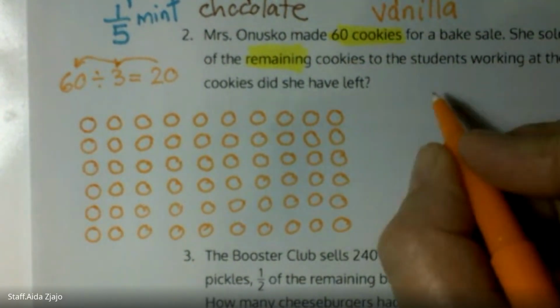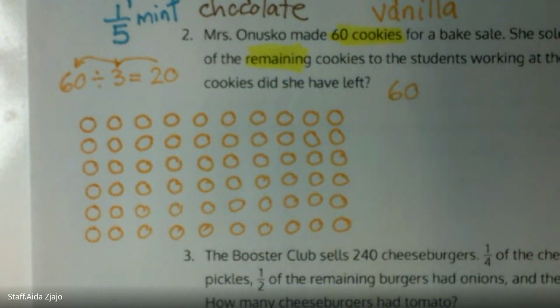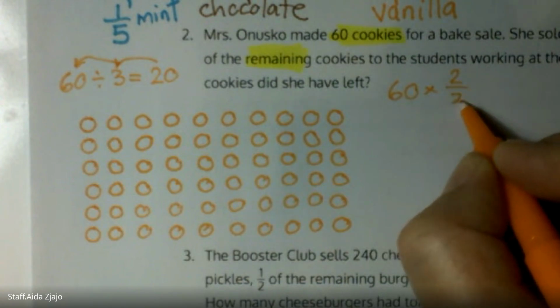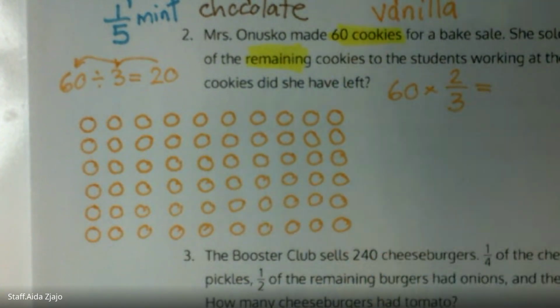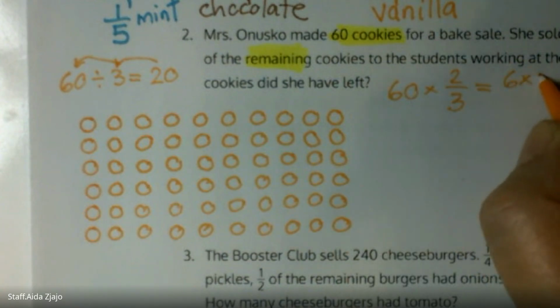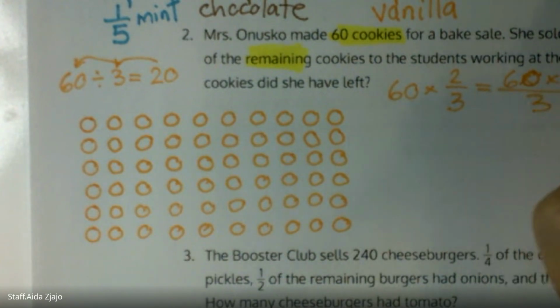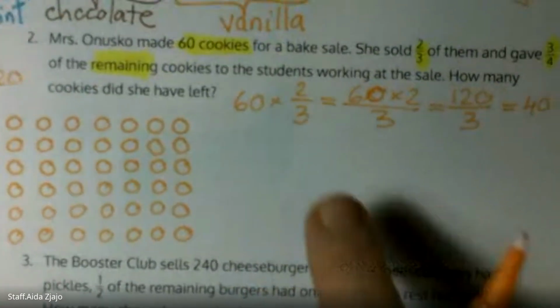Mathematically, you can also say what is 60 times 2/3, or what is 2/3 of 60, which is 60 times 2 divided by 3, which is 120 divided by 3.